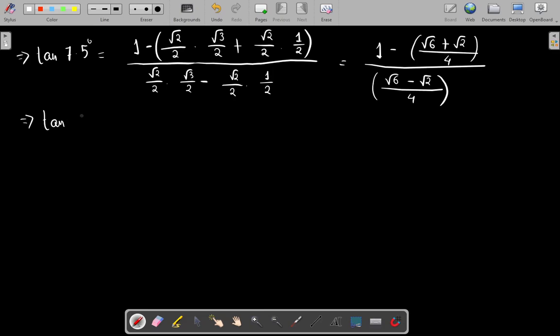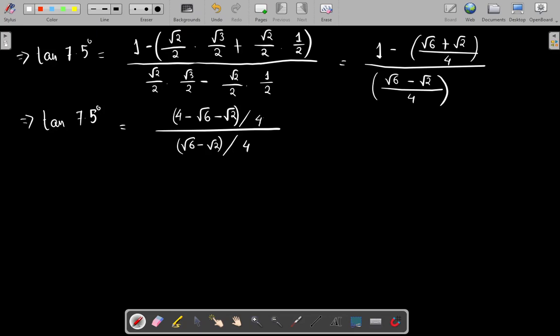We have tan 7.5 degrees. If we take the LCM in both numerator and denominator, we are left with 4 minus root 6 minus root 2, divided upon 4, and in the denominator of this fraction we have root 6 minus root 2, again divided by 4.